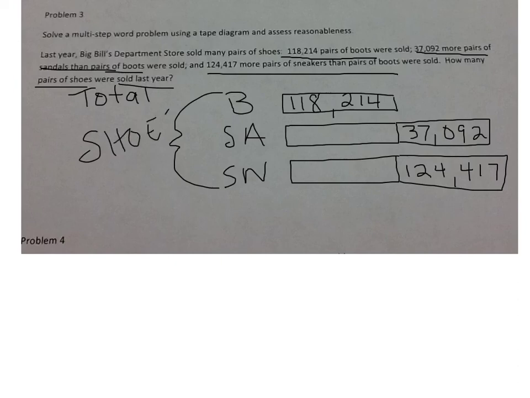So, now what we have to do is we have to solve this problem. You're going to do this part on your own and bring this back to class tomorrow. Let's review what you need to do. The very first thing you need to do is find how many sandals were sold.